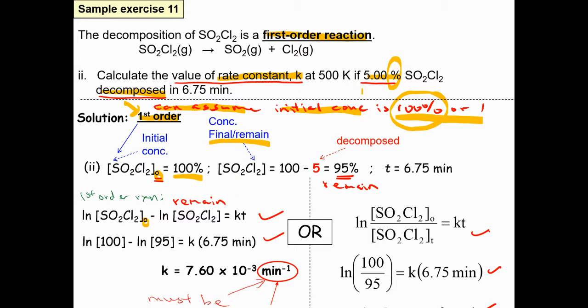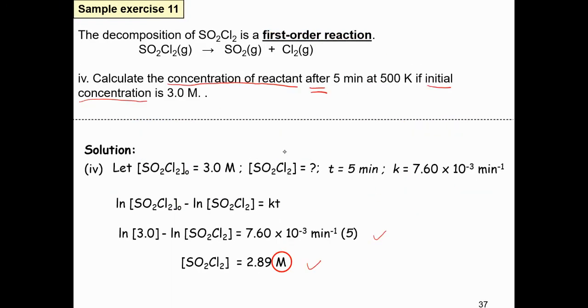Look at the question. 5% decomposes, so your remaining is 95%. Some students don't understand that the 5% decomposed is the amount reacted. So what they do is they just put final is 5%.